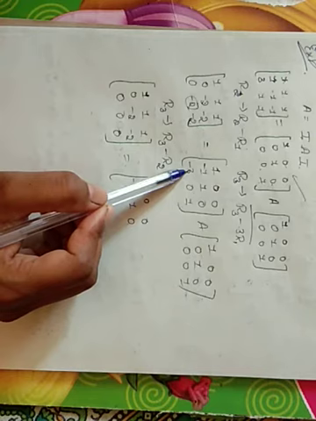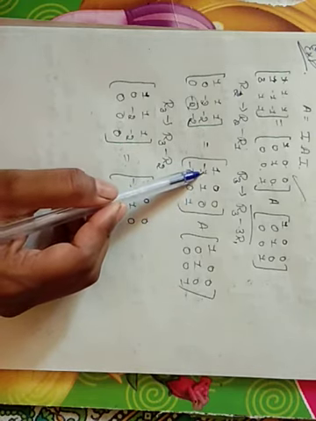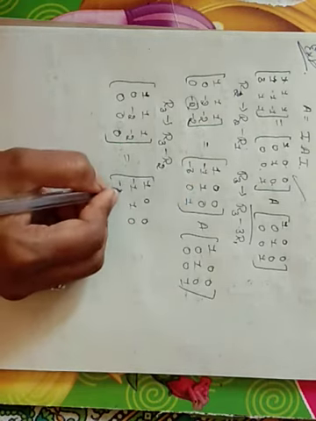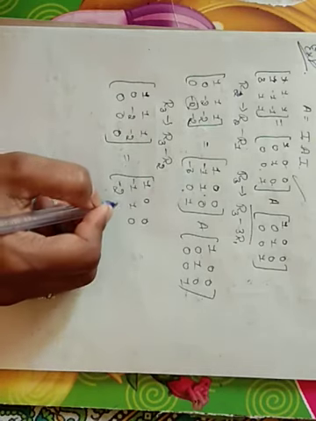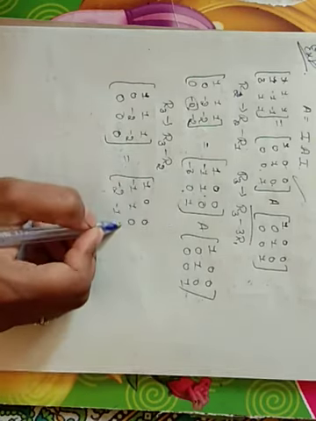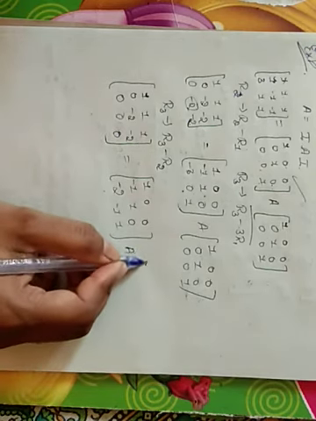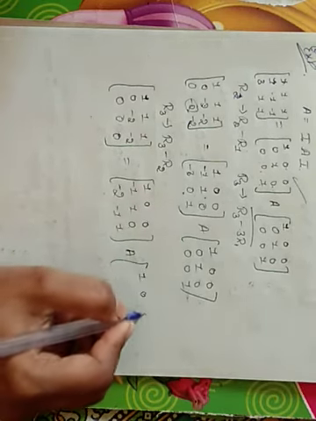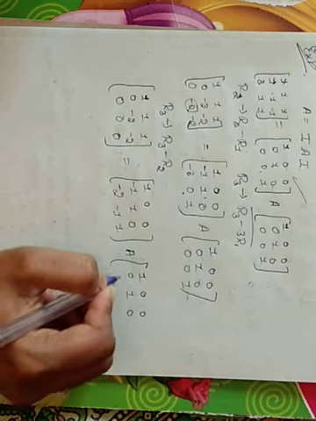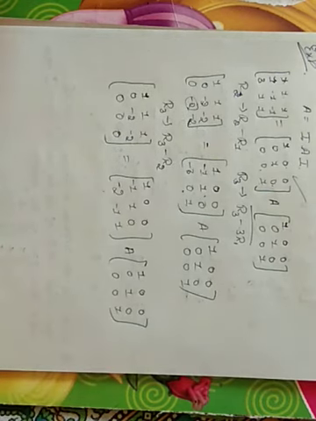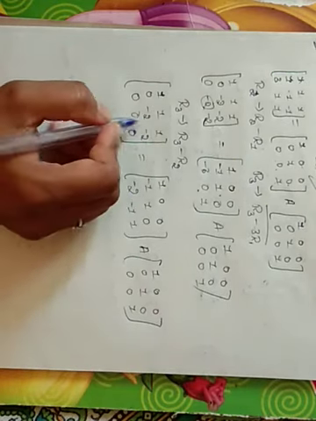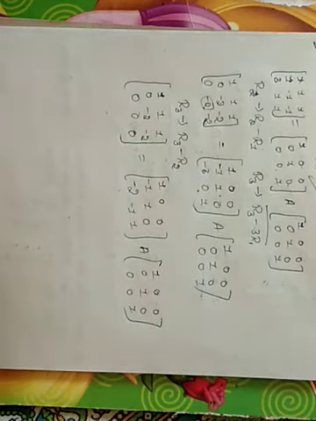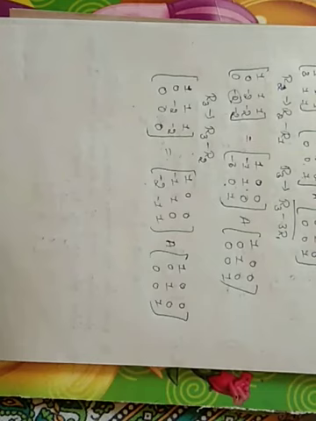R3, minus of minus plus 1. Minus 3 plus 1 is minus 2. 0, minus 1, minus 1. 1 minus 0, 1. A, 1, 0, 0, 0, 1, 0, 0, 0, 1.